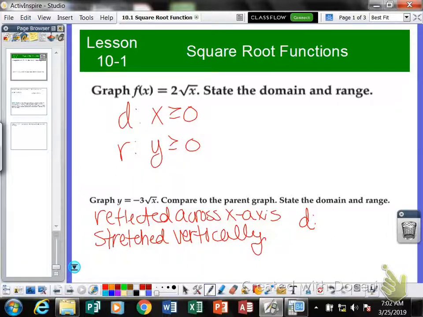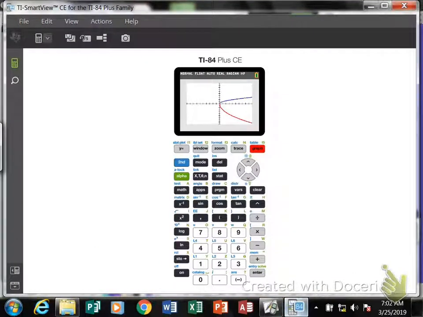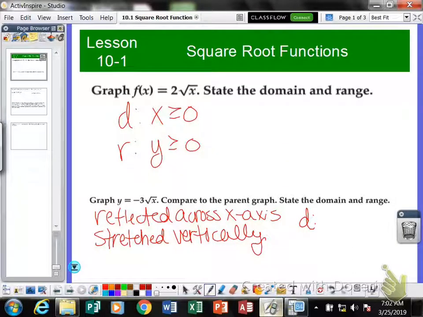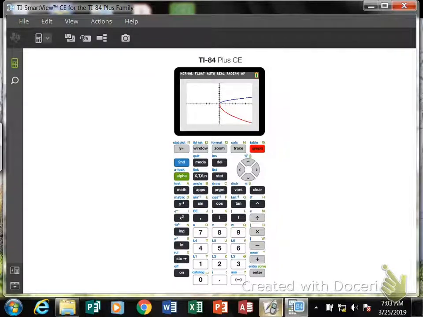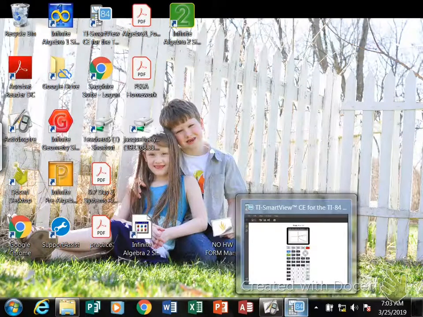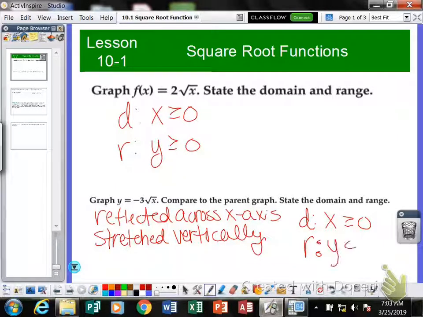So if we look at the graph, the domain, again, all real values of x can go in for that. I just can't have negatives, so I can't put anything in less than 0. So our domain is x is greater than or equal to 0. And our range, and this is where we have to be careful, notice our range is on the bottom, so it's from 0 to the bottom. So this would be y is less than or equal to 0, because it reflected.